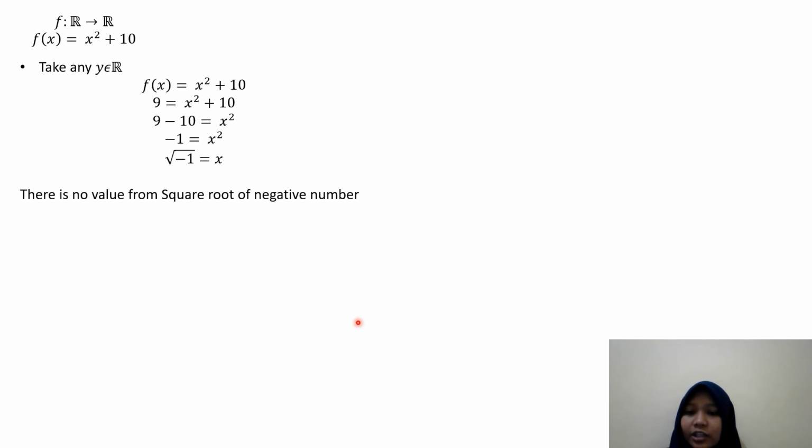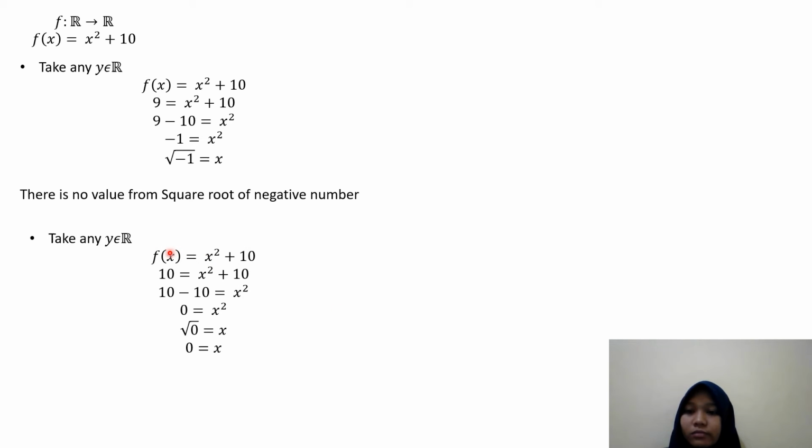And then I try to choose 10 as another number. So 10 is equal to x squared plus 10, and then 10 minus 10 is 0. The square root of 0 is equal to x, and the square root of 0 is 0, right? So 10 we can use.